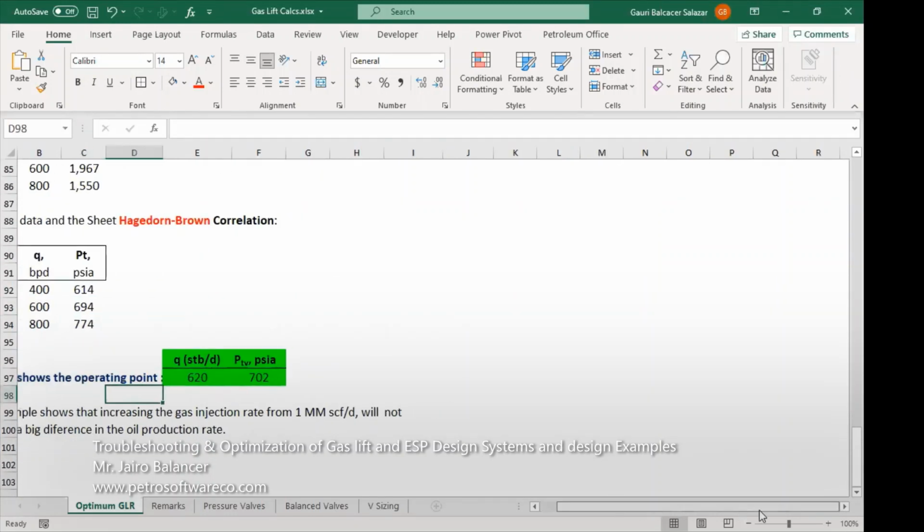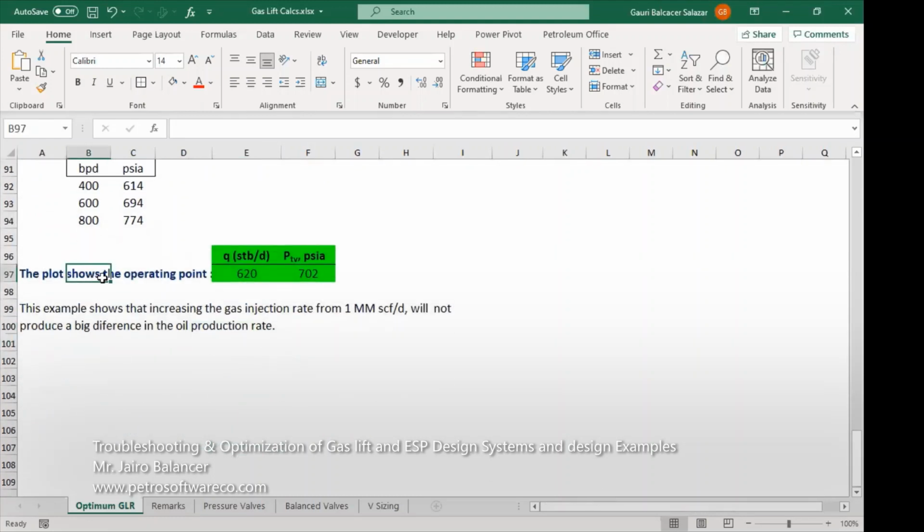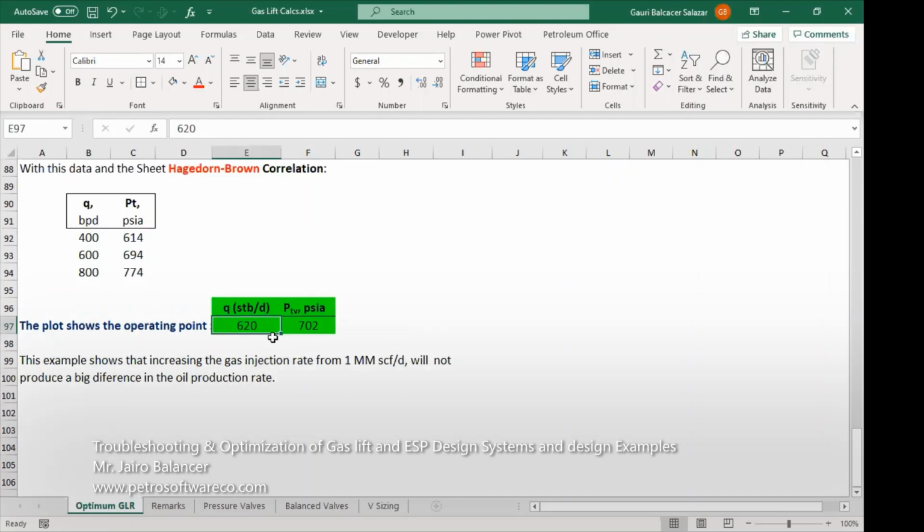In this case, the rate is 620 and the tubing pressure is 702. It's a lot of details, but we see that in this case we have 620 barrels as an idea.